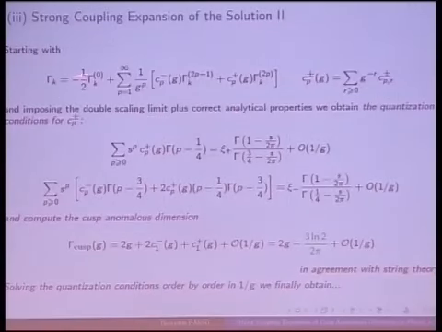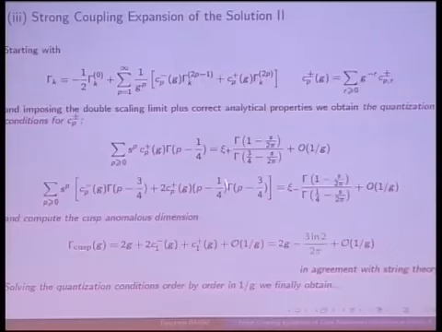So we start with this parametrization. We impose the double scaling limit plus some analytical properties on the solution, and we obtain a quantization condition. This quantization condition is just a constraint on the coefficients that must be fulfilled in order to select the good solution. So it's an example of the 1 over g, the next to leading, in fact, quantization condition, and its solution.